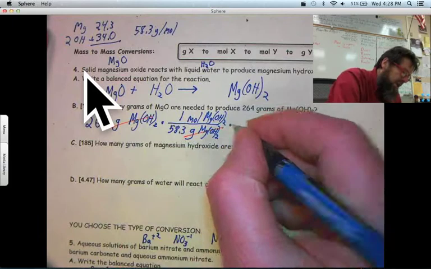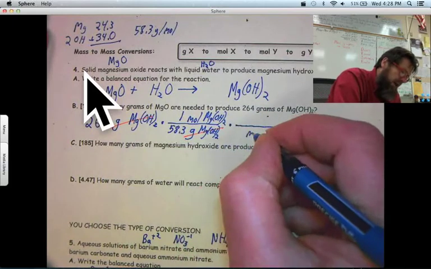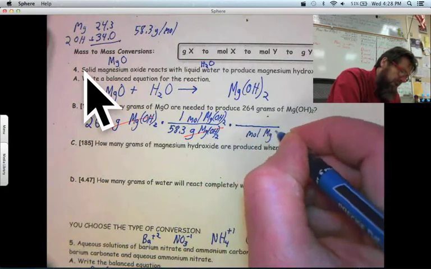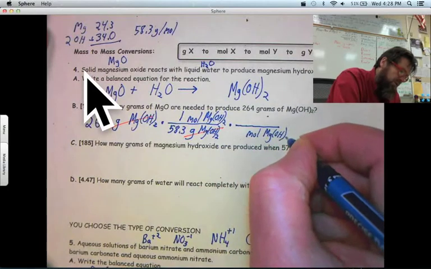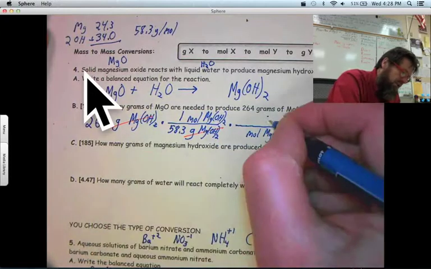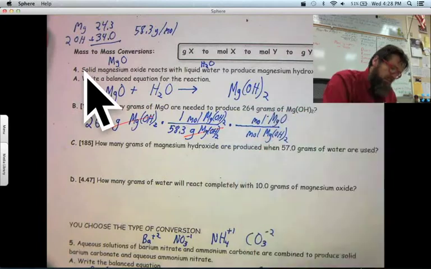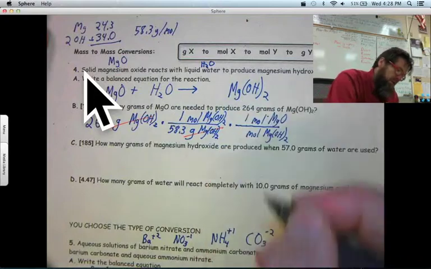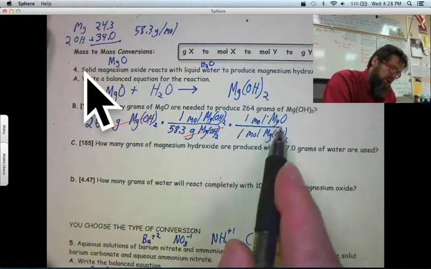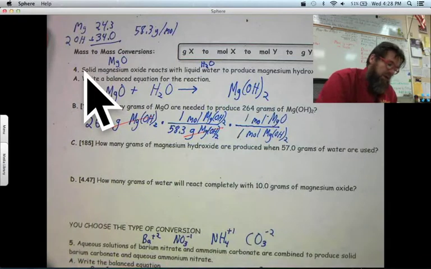And now we do our mole-mole ratio, out of moles of Mg(OH)2 into what the question is asking, moles of MgO. Looking at our balanced chemical equation, 1 mole to 1 mole. 1 mole MgO produces 1 mole Mg(OH)2.